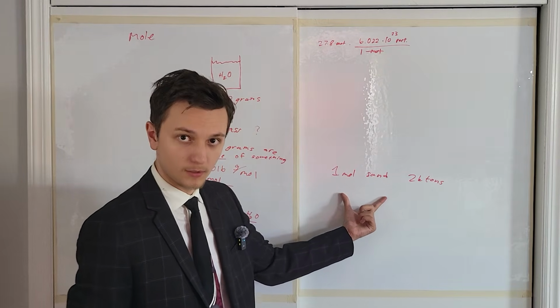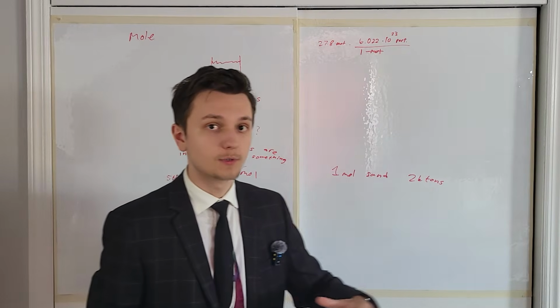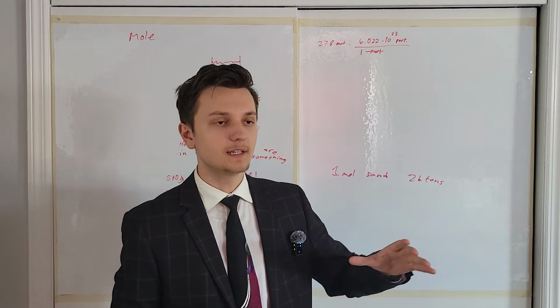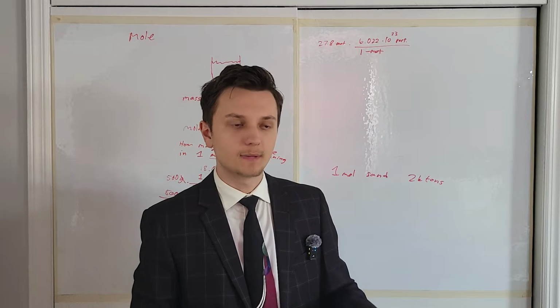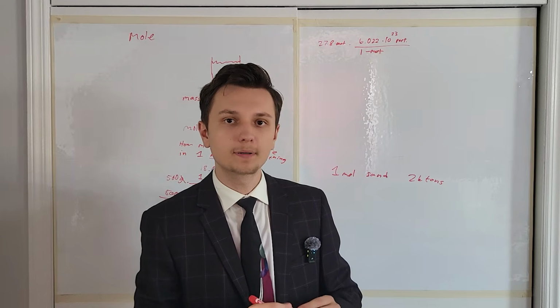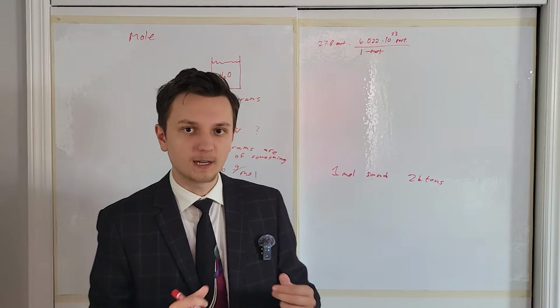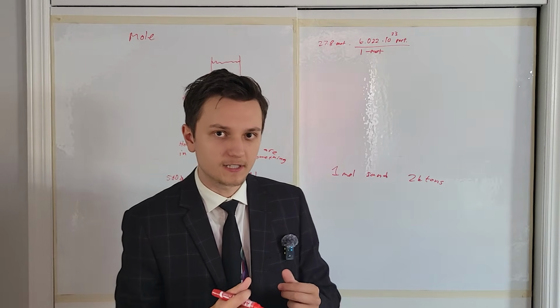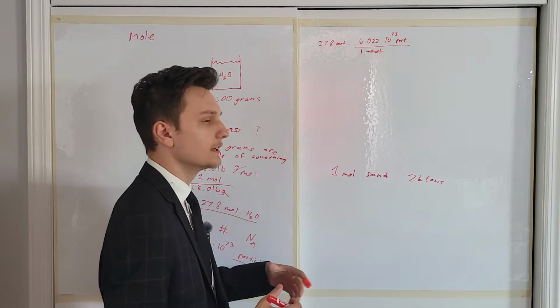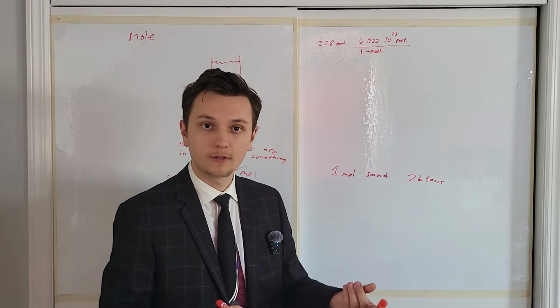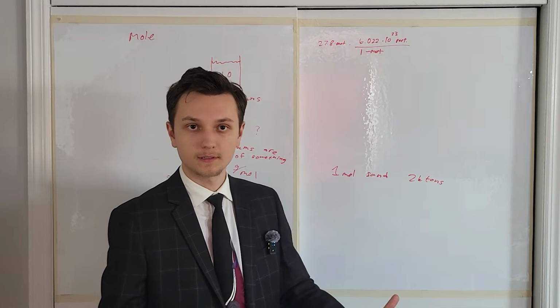If I take my 1 mole of sand and I put it all through a grinder, okay? That means my sand particles are getting broken up into smaller particles. They're being ground down. They're being split apart and ground into a finer sand, okay? So if I'm splitting apart my sand particles, I have more particles, all right?